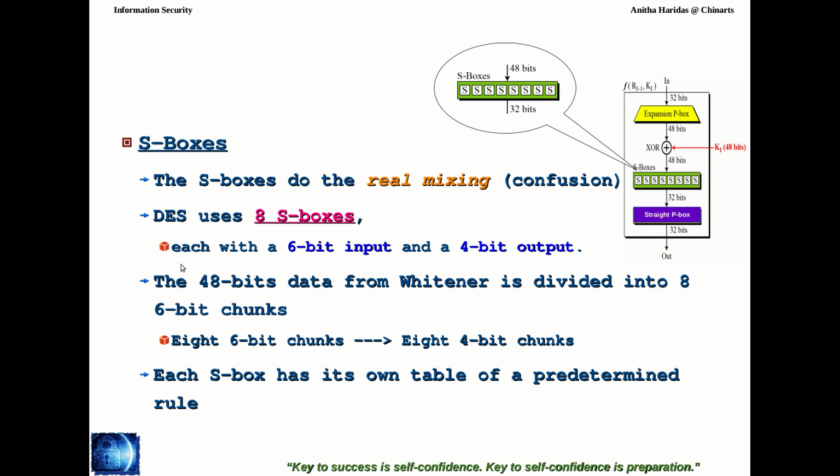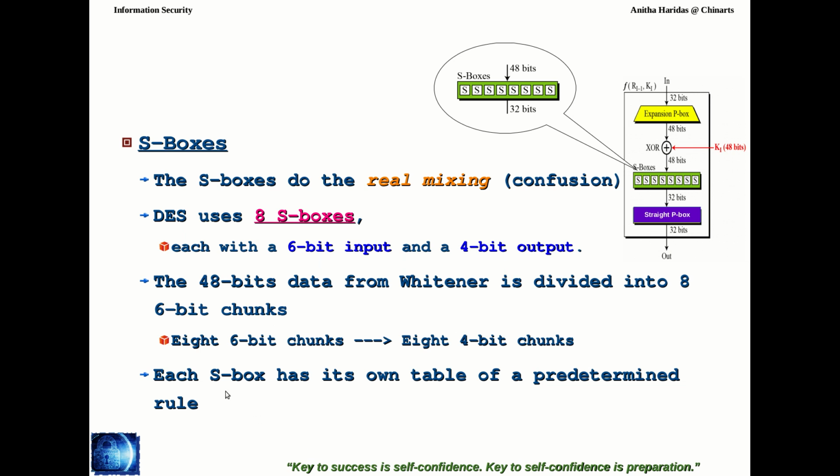And the 48 bits data from the Whitener, which is the exclusive OR operation, is divided into 6-bit chunks, and each 6-bit chunk will be transformed into a 4-bit chunk.